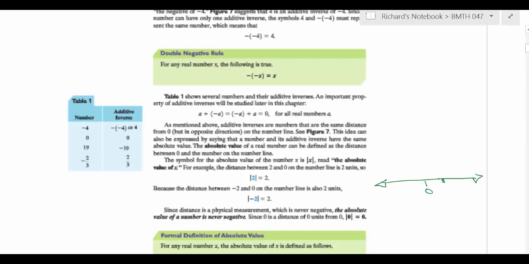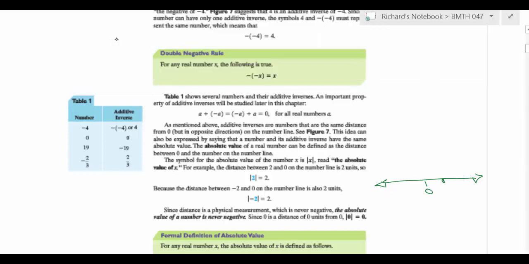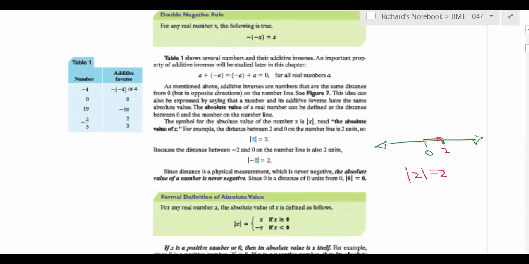So the absolute value of 2 is 2. In a similar way, if we want the absolute value of minus 2, it's how far minus 2 is from 0. Minus 2 is also 2 units away from 0.